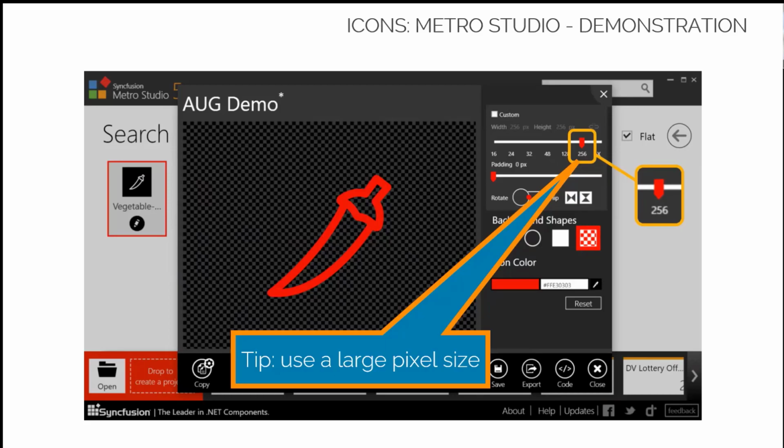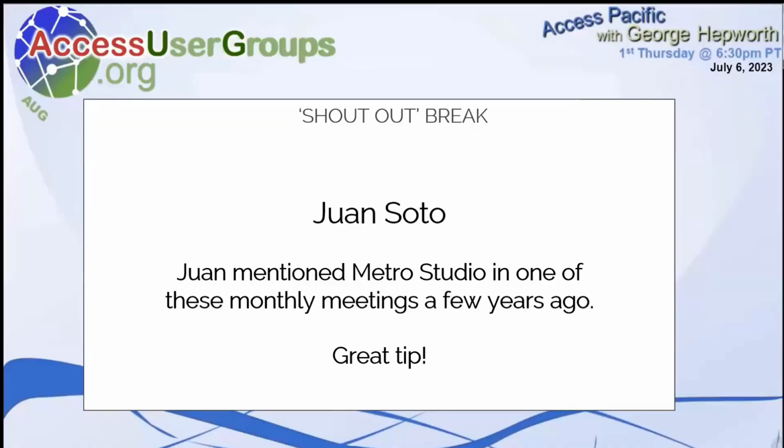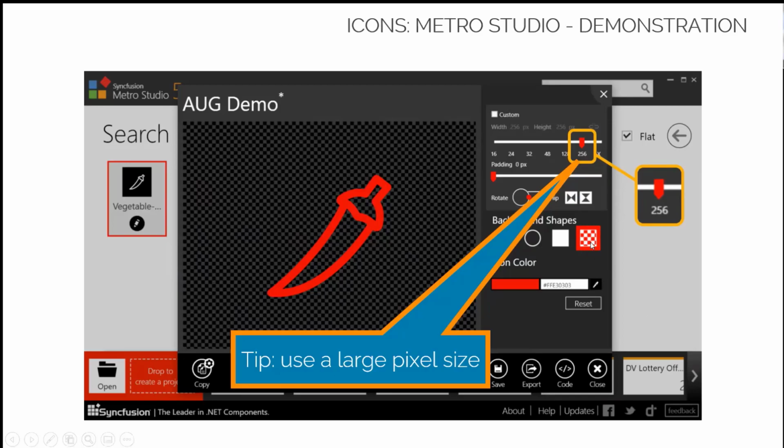It doesn't make for a large PNG file. So I'm using 256 pixels, and I use zero padding, typically, for mine, because I haven't got a background on my icons. And by the way, by default, you'll have a background on it, and I click this icon here, and that removes the background, so that I've got a transparent background.